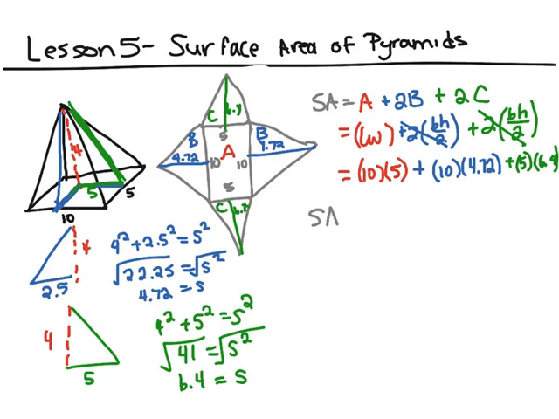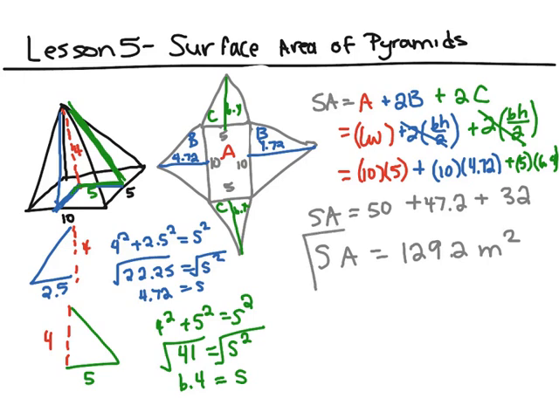So this should equal 50 plus 47.2 plus 32. So your total surface area should be 129.2 meters squared. So there's a couple more steps for this one, same process altogether.